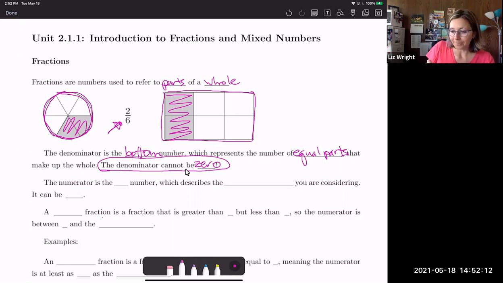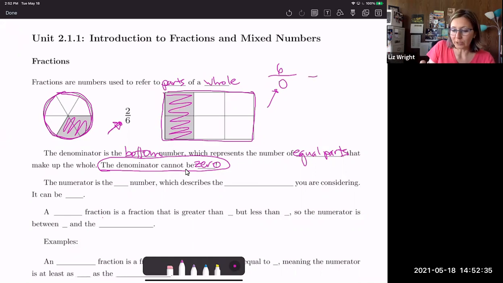So for example, let's say we looked at something like this, and we're going to say, I'm going to take 6 pieces, and think about what that means. That means that we're taking 0 and we're dividing 0 up into 6 equal pieces. Well, that doesn't make sense, right? 0 is 0. You can't divide it into equal pieces because you're starting out with nothing. You have 0 of it.